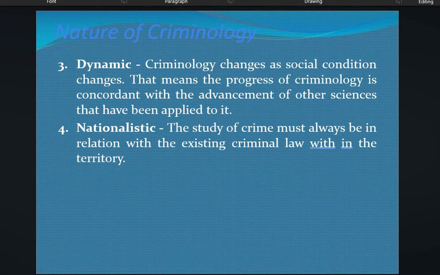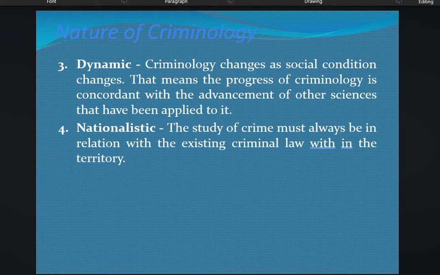Para example, dati ang form ng nakawan is hold up, snatching. Pero ngayon, may nakawan na tayo like fraud, meron na sa ATM, online. So it changes. It varies. Nagbabago. Pero halos pare-pareho lang siyang nakawan. Pare-pareho lang na pagnanakaw. Pero iba-iba yung way of doing such a thing. Kasi nga nagbabago. People change. The behavior of the people change.